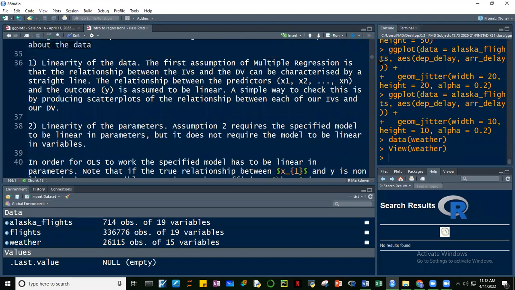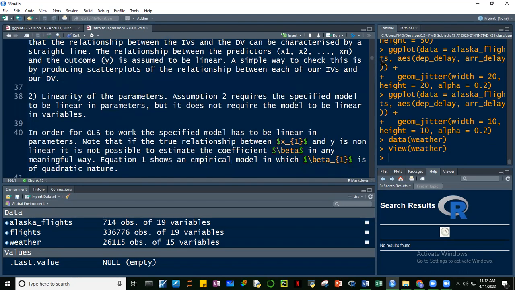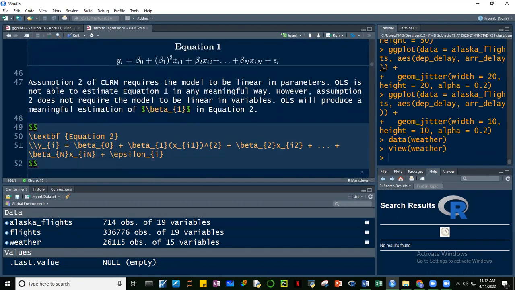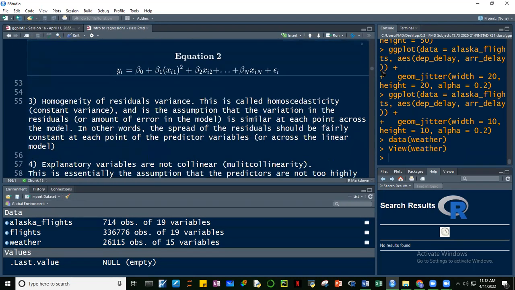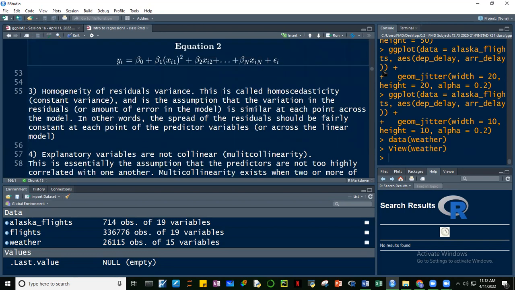That being, our data is linear with respect to the relationship between your response variable and your predictor variables. The parameters should be linear also. The residuals should have constant variance, which means no trend when you plot the residuals, no fanning out or fanning in of the residuals.